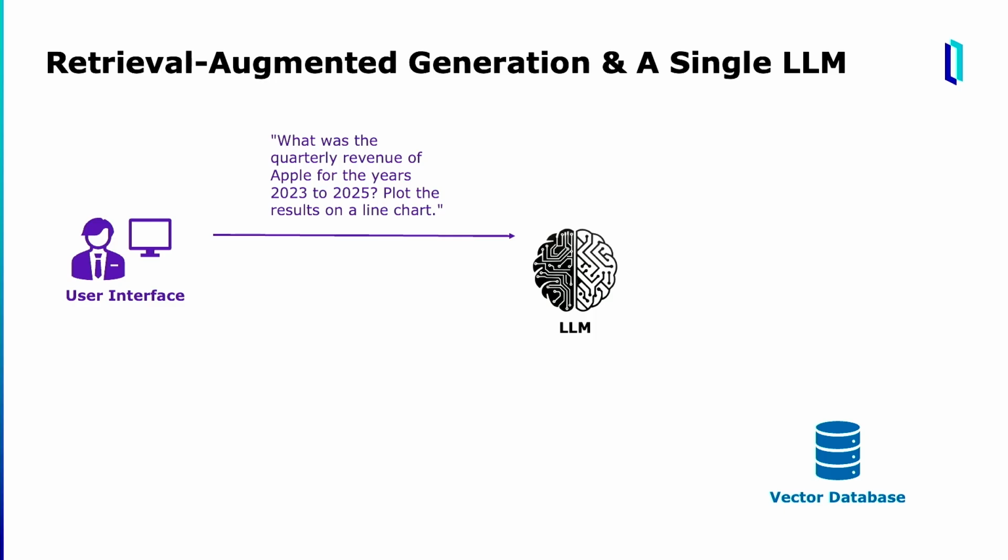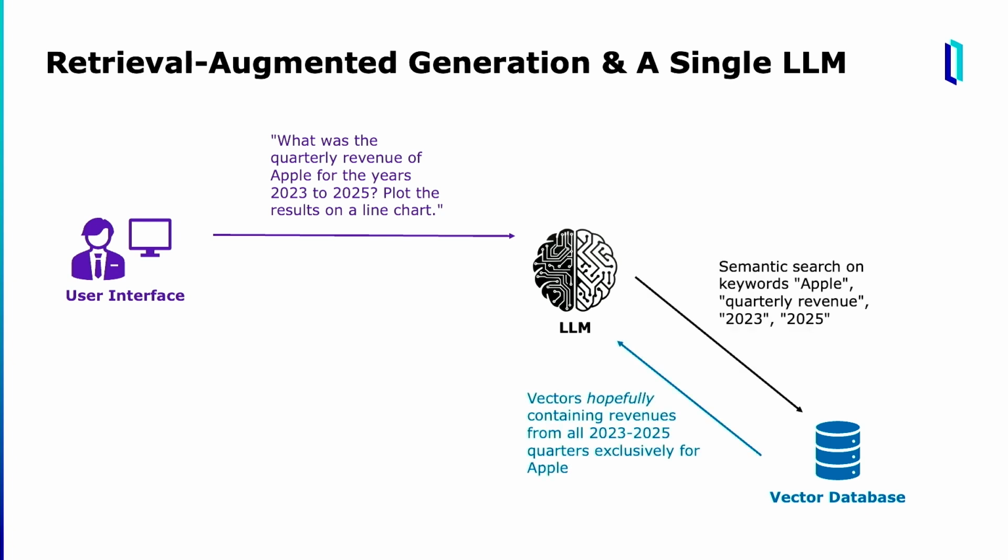All right, anyways, the user's question is going to come in, right? And it'll be something like this. What was the quarterly revenue of Apple for the years 2023 to 2025? Plot the results on a line chart. So the LLM is going to be instructed to take this input and try to break it down into a series of keywords. Things like Apple, quarterly revenue, the years 2023 and 2025.